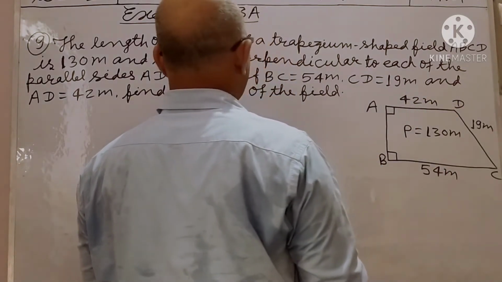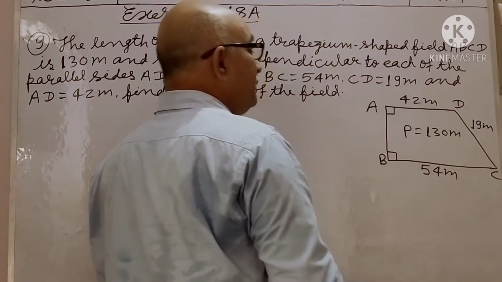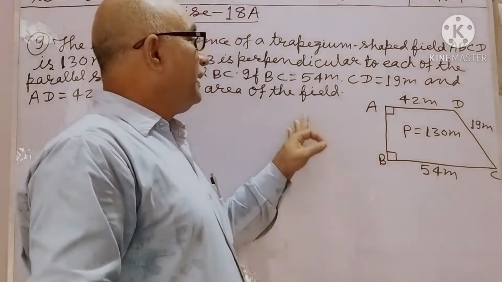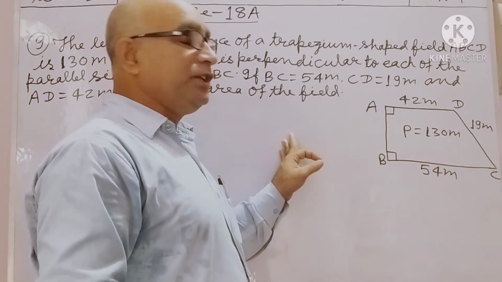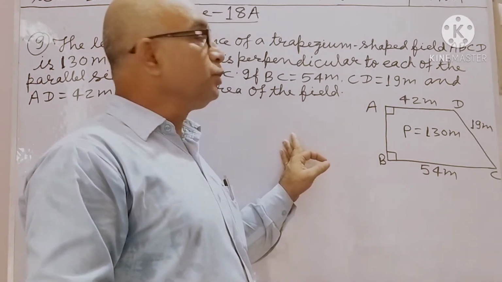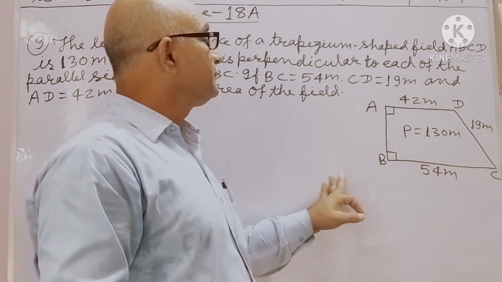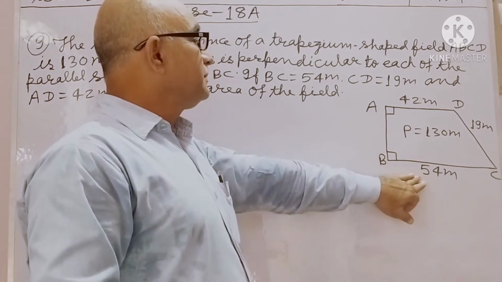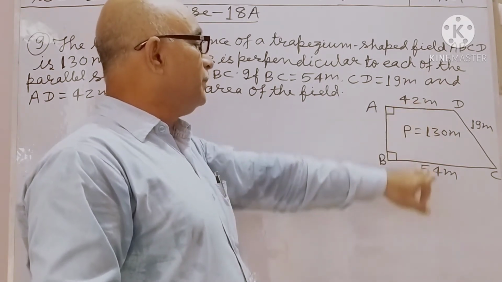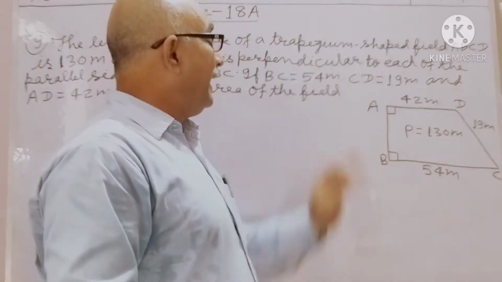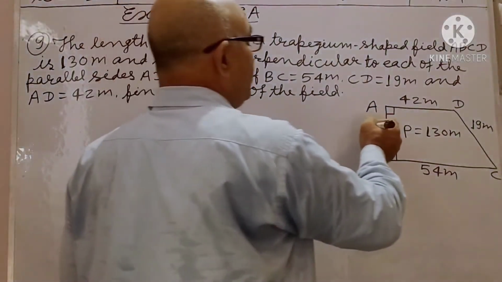So find the area of the field. Area of the field, area of the trapezium equal to 1 by 2 into sum of parallel sides into height. Here parallel sides are given, 42 meter and 54 meter, but height is not found. So let height be h.